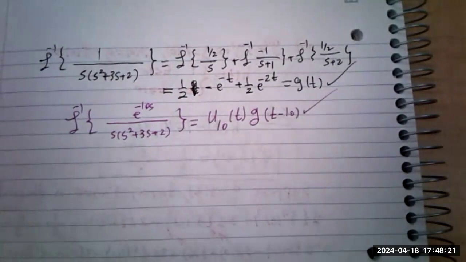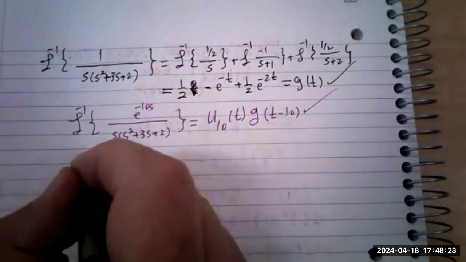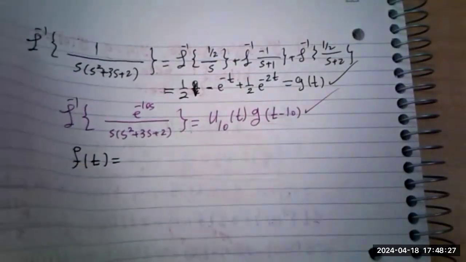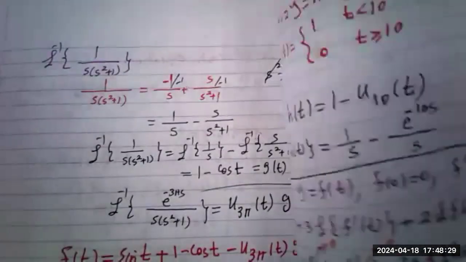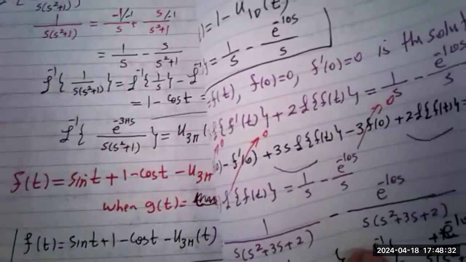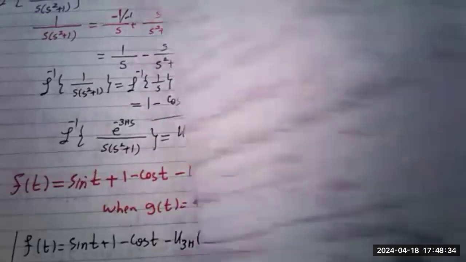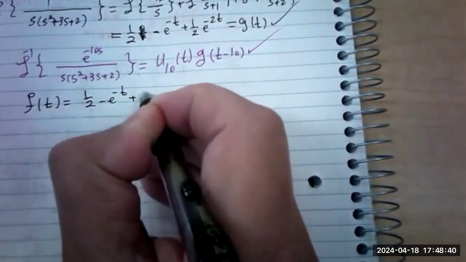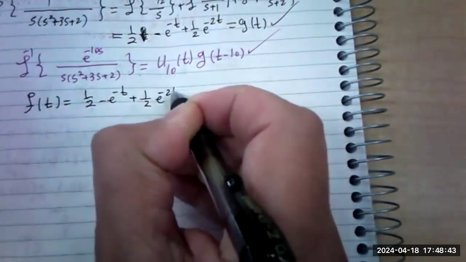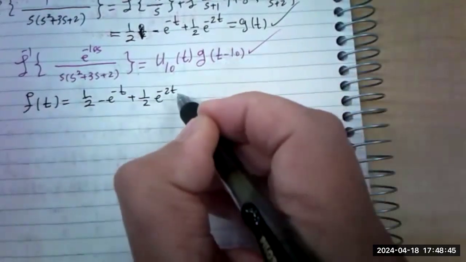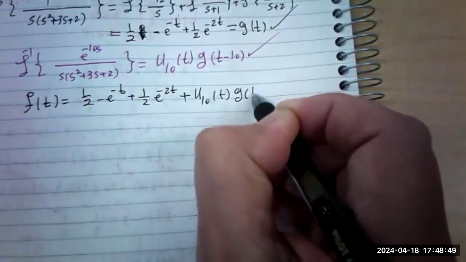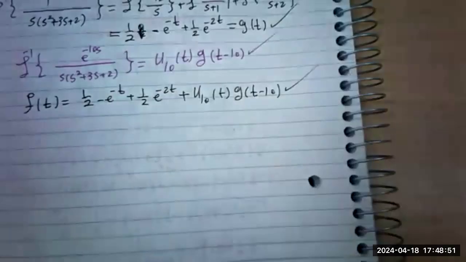So finally, the final answer, f of t is going to be equal to, okay, that is two parts that we did have. So it's going to be equal to the first one, 1/2 minus e to the negative t plus 1/2 of e to the negative 2t, or g of t, plus u10(t) g of t minus 10.